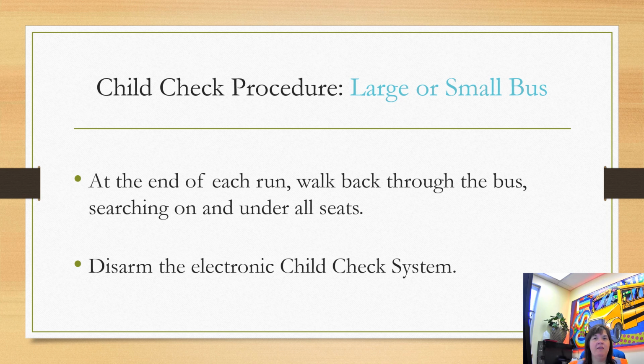I just want to reiterate how important it is that our system here in Meridian is you pull into the yard, you secure your bus first, get out of your seat, and walk to the back of the bus. Don't shut your bus off because we don't have time for everybody to sit there and do that.